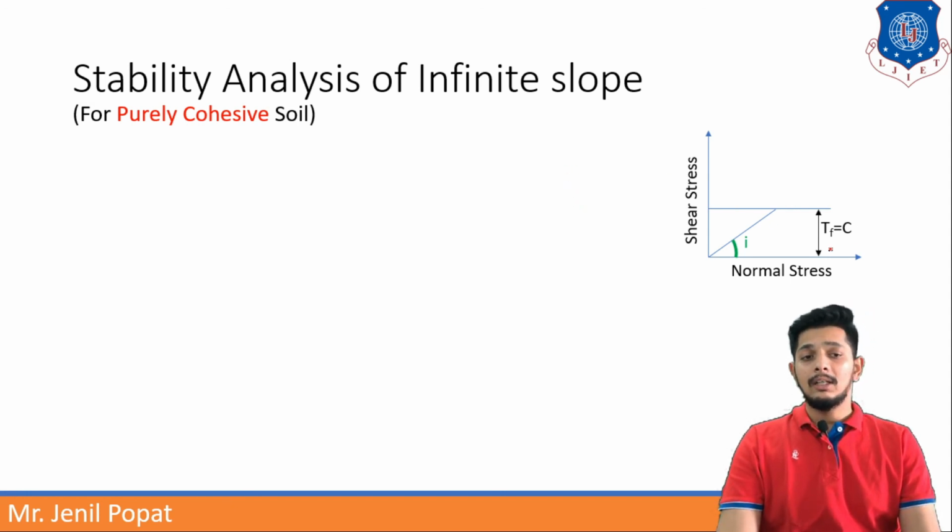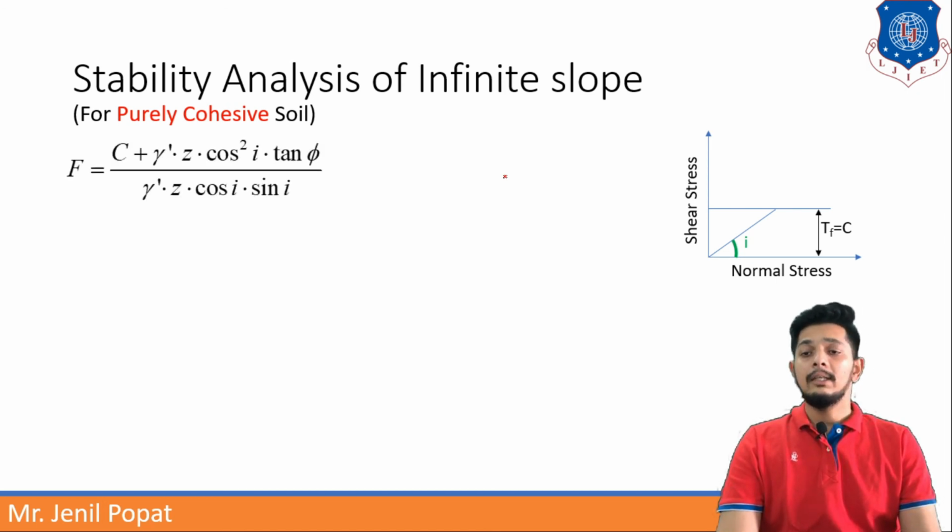Here the failure shear stress tau will be governed by c only, due to cohesion only, because it is purely cohesive soil. Let us move further. I is the angle of inclination and this is my failure point in the graph. Technically, we can write the factor of safety F as c plus gamma dash z into cos square I into tan phi upon gamma dash z into cos I into sin I.